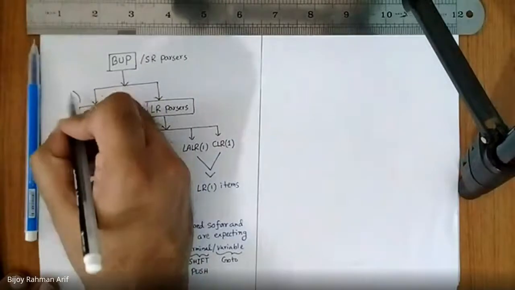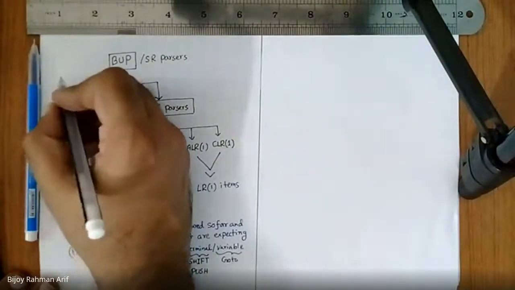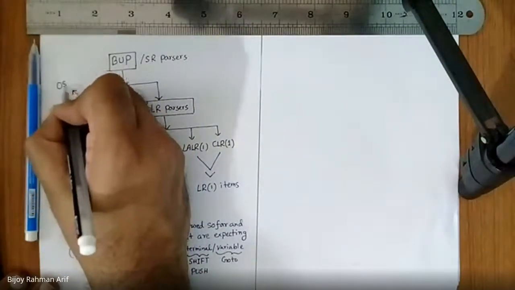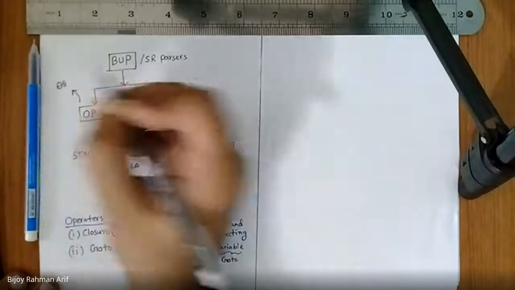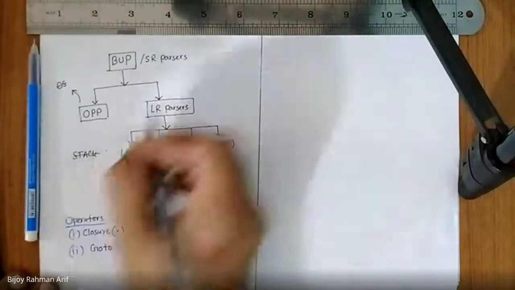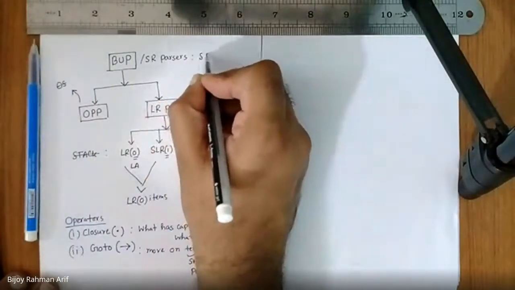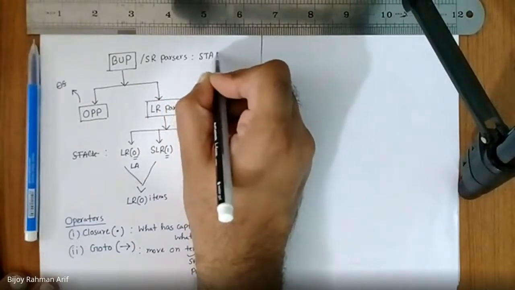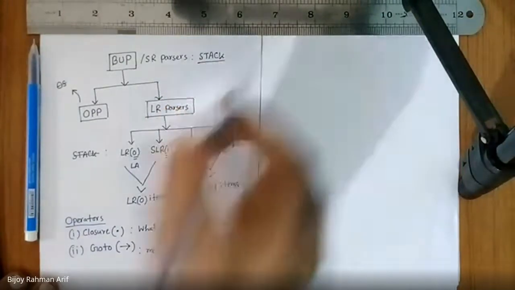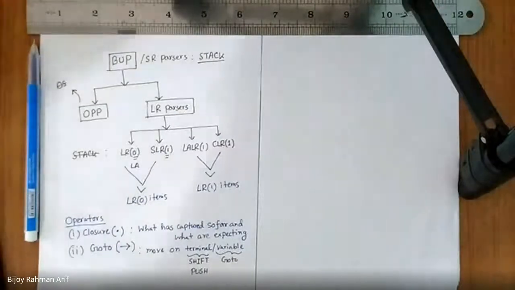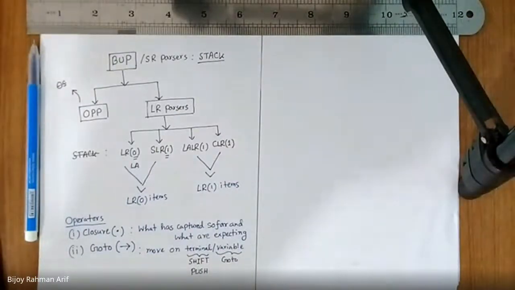Operator precedence parser actually uses the OS stack. No, I'm not right. Actually, I should say all these parsers use a stack, so you have to create your own stack data structure. That's the brief gist of all the bottom-up parsers and all the classifications.